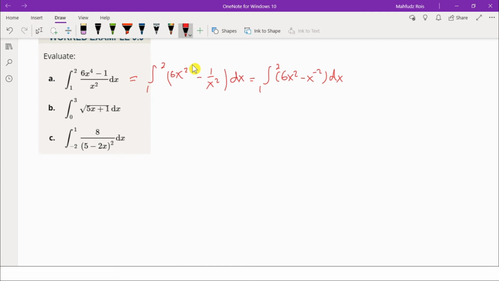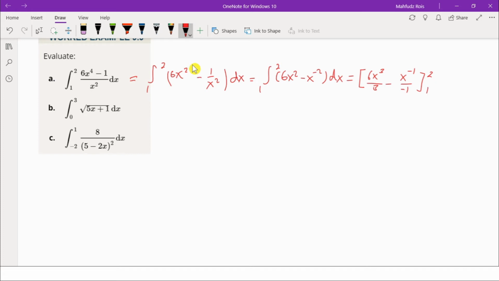Next we can continue by integrating one by one, of course. We make the brace like this. The integration of 6x squared will be 6x cubed over 3, minus this one. If we add 1 to the power, it should be x to the minus 1 over minus 1, right, like this, from 1 to 2.